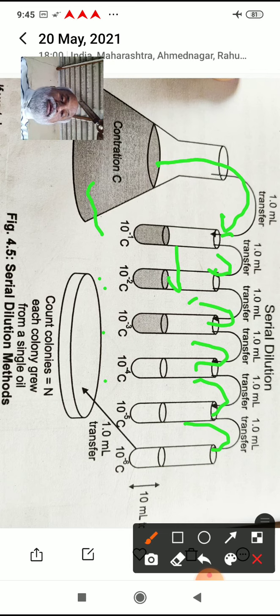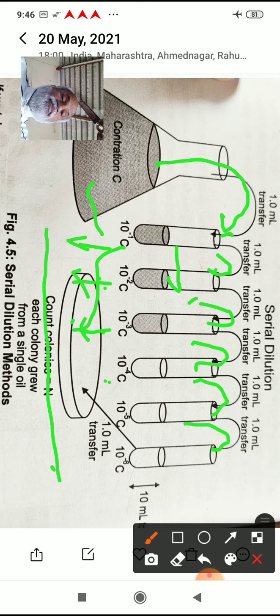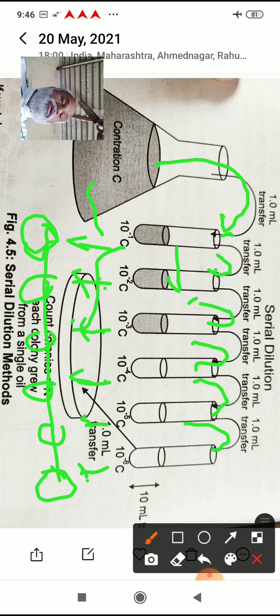And from each test tube you can take the inoculum and inoculate on the medium in the petri dish, and accordingly you can see the comparison in the first, second, third, fourth, fifth and sixth test tubes. If it is inoculated in the petri plate medium, then you will see that the last dilution inoculum gives better separation of the colonies.